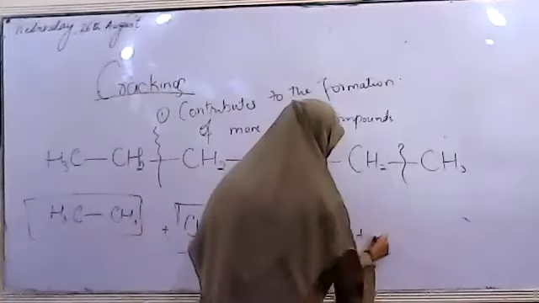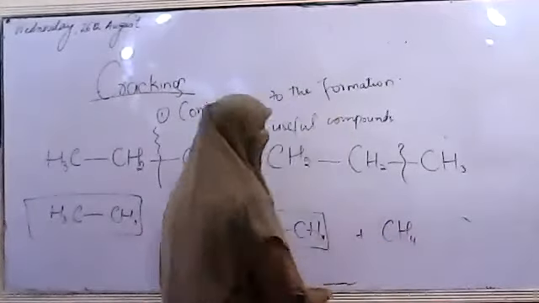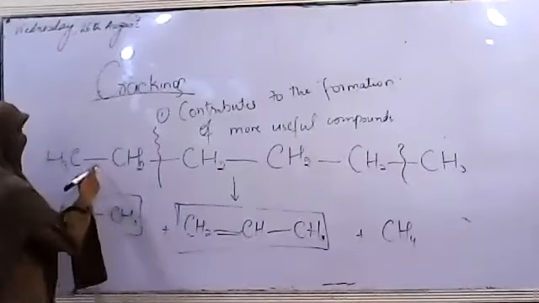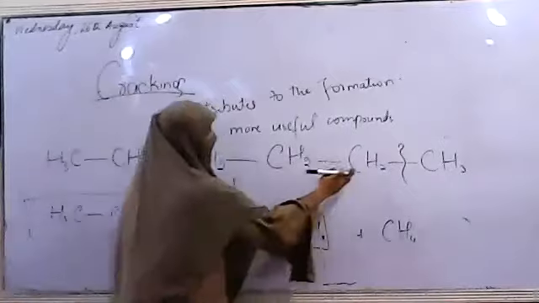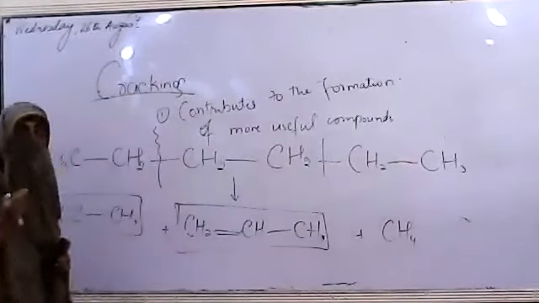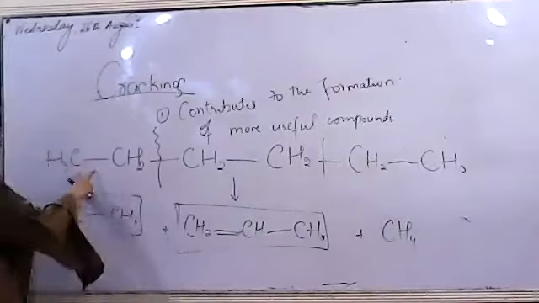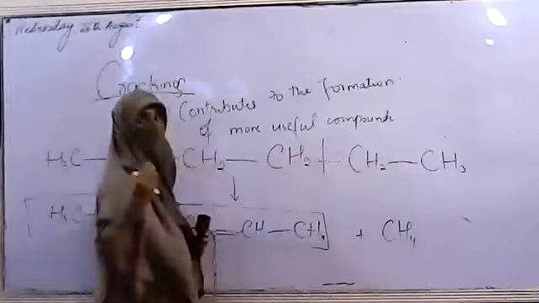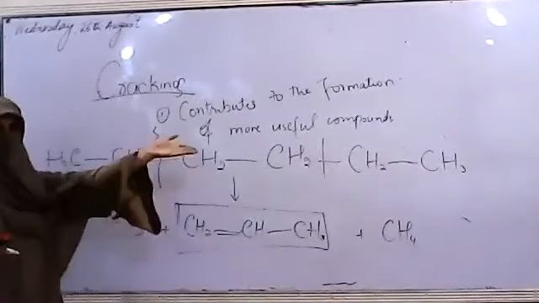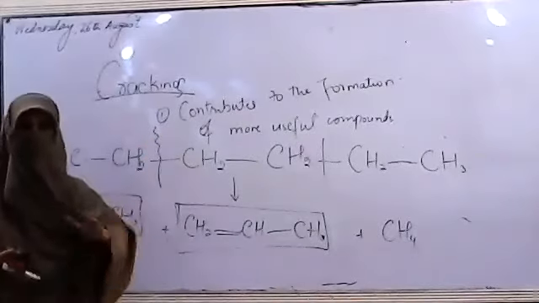And the last product we get is methane. In the same way, we can also get compounds by breaking at this position. In that case, we can get 3 simple alkanes, or 3 simple alkenes such as ethene, or a mixture, either 1 alkane and 2 alkenes, or 2 alkanes and 1 alkene, and so on.